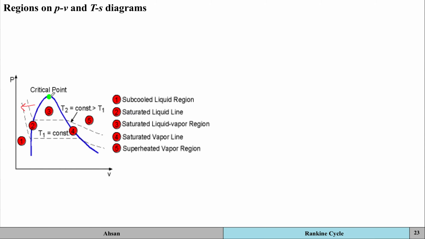And you've got the critical point, that's the maximum temperature at which a substance can exist as a liquid and as a vapor together. This side of the curve is called the saturated vapor line, and beyond this dome, you've got the superheated vapor region. Within the dome, you've got the two-phase liquid vapor mixture region.